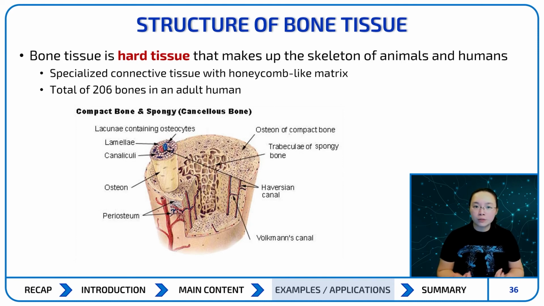Long bones are basically bones that are long, just like your femur or your radius. Short bones are roughly cube-shaped bones that are usually attached to bases of extremities. For example, the bones of your wrist and your ankles are considered short bones.